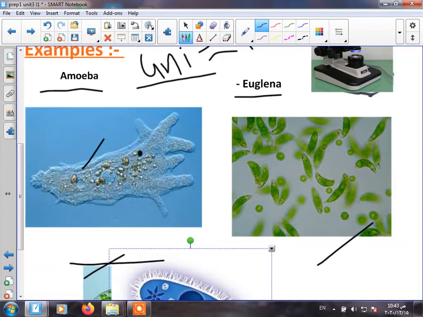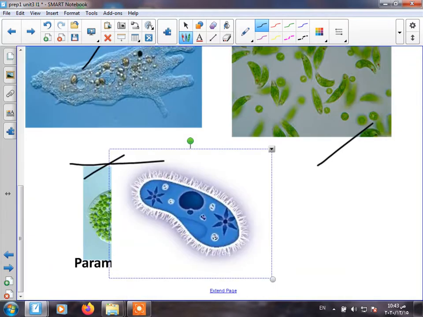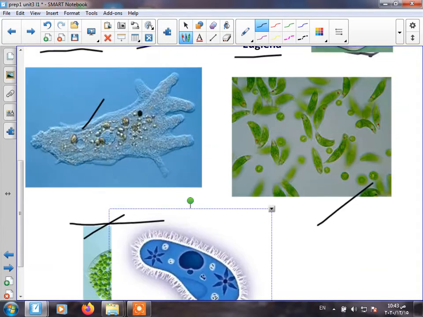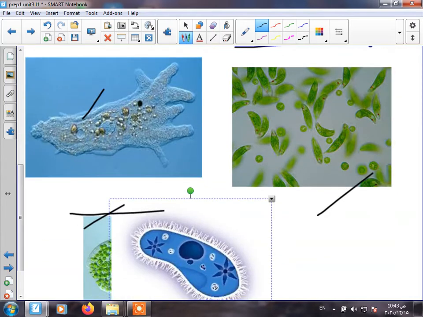And also the way of movement: amoeba moves by pseudopods, while euglena moves by flagellum, and paramecium by cilia. So they are different. Paramecium differs from amoeba and euglena in the way of movement and its shape.